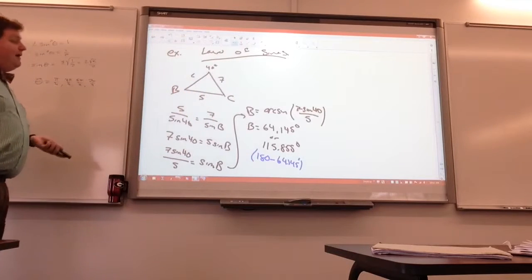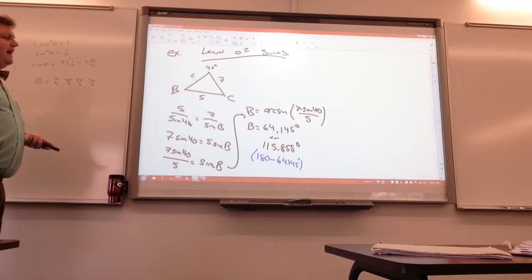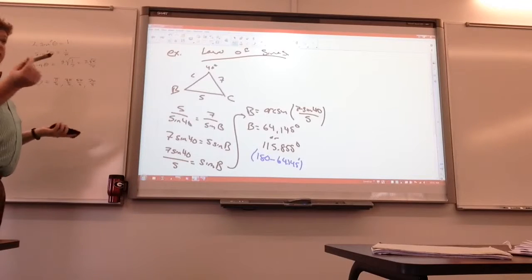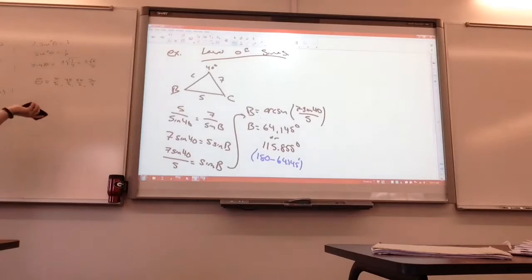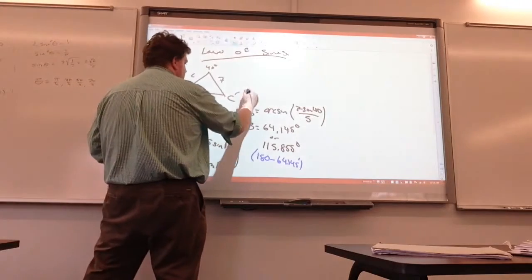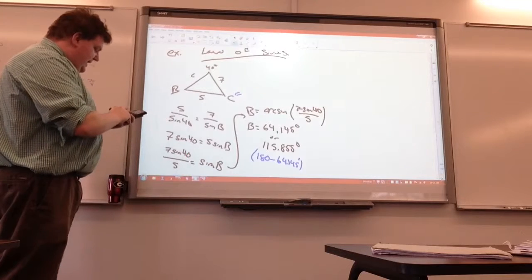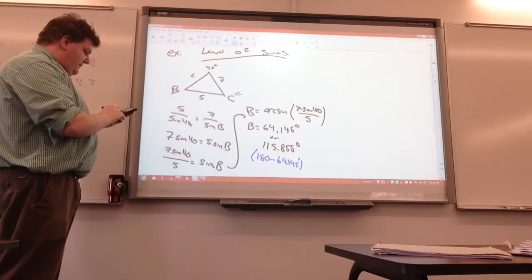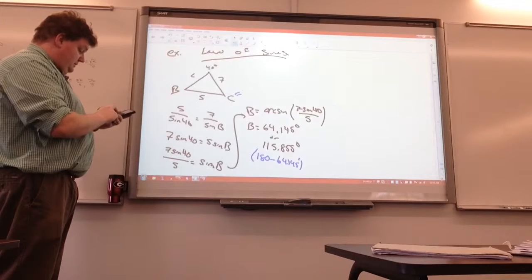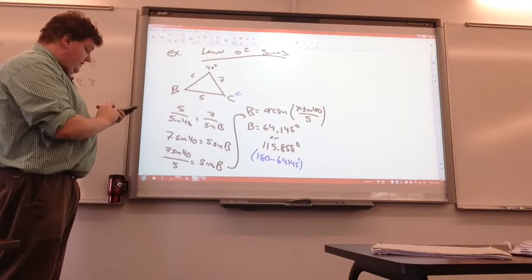All right. The nice thing about that is, once we have our second angle, we can find the other 2 by simply using the fact there's 180 degrees in a triangle. Okay. So, angle C then is going to be either 180 minus 40 minus 64.145.